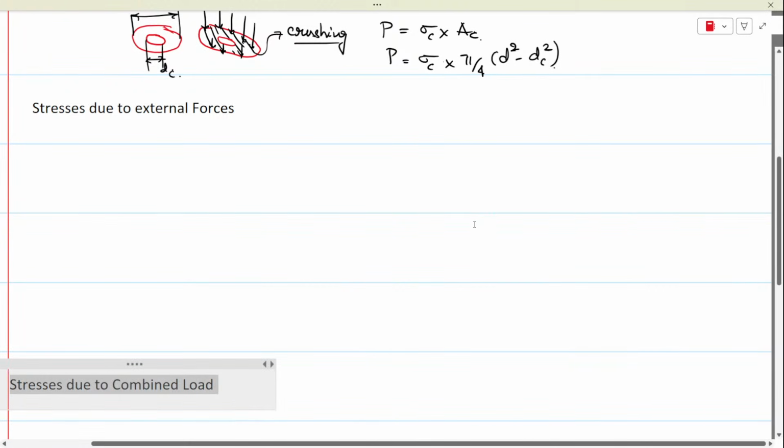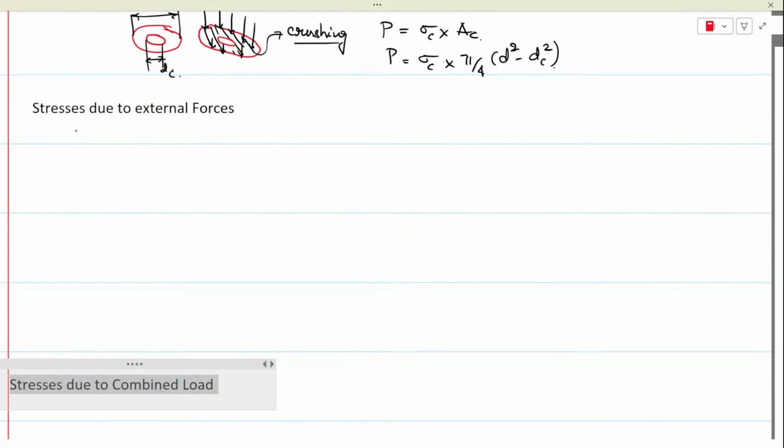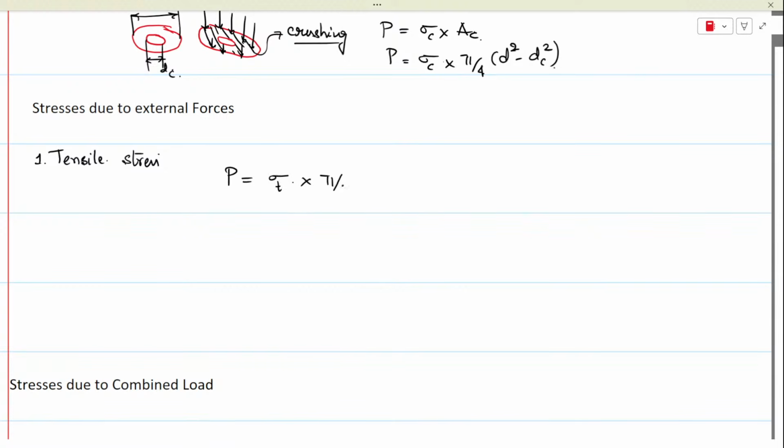Next is stresses due to external load. Once again, due to the external load, the bolt will suffer tensile stress. That is, P is equal to sigma T into pi by 4 times dc square. This formula has been repeated in the preloading and in the bolt strength as well.